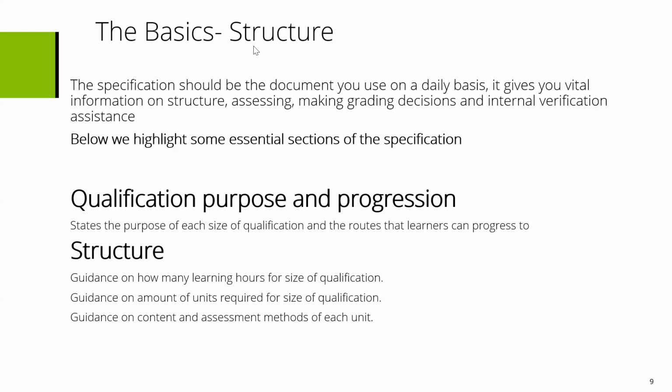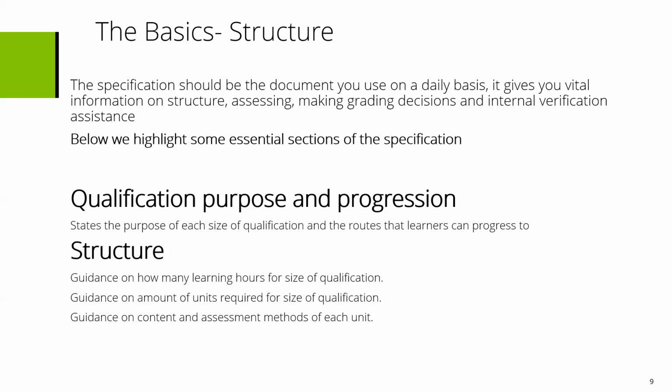Within the specification, you'll be able to find vital information on the structure of the qualification, how to assess each of the units, how to make your grading decisions, and internal verification assistance. The specification should be a document that you're using on a daily basis. There are some essential sections that will help you to deliver the programme.